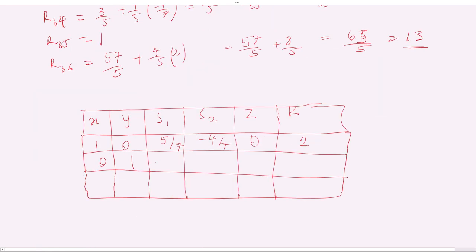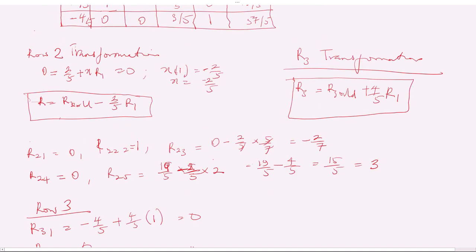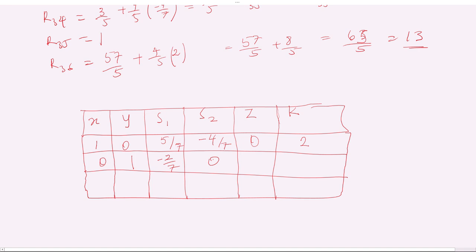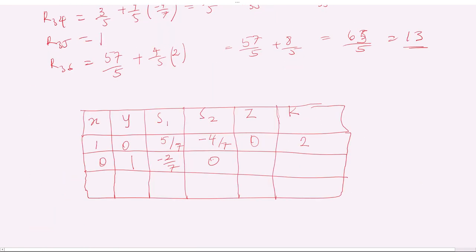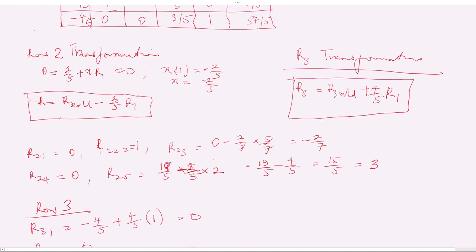This is minus 2 over 7, 0. This is R2, 1, 2. So 4.